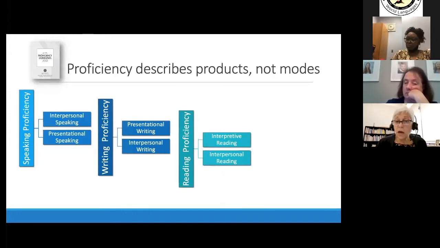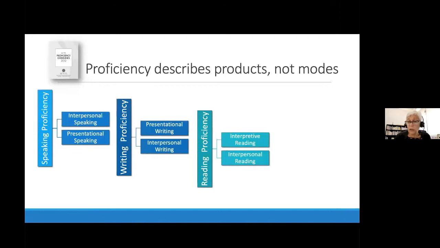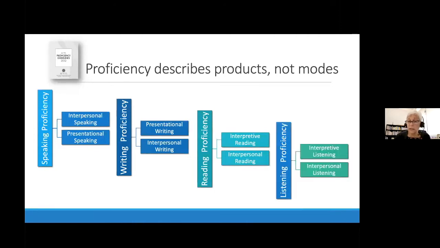In the section on reading proficiency, you'll see descriptors of interpretive reading and interpersonal reading. And in the final section on listening proficiency, you'll see descriptors of the products related to interpretive listening and interpersonal listening. So in other words, we're still shifting to modes, but proficiency is described in terms of skills, no matter the mode that's used.